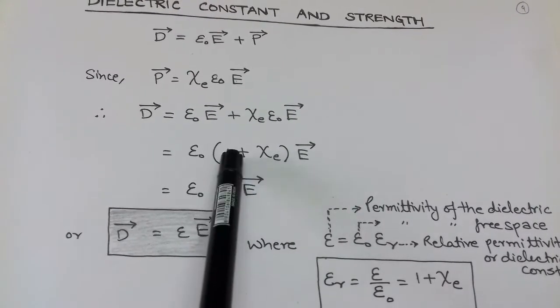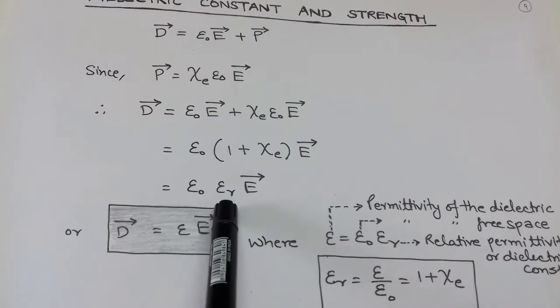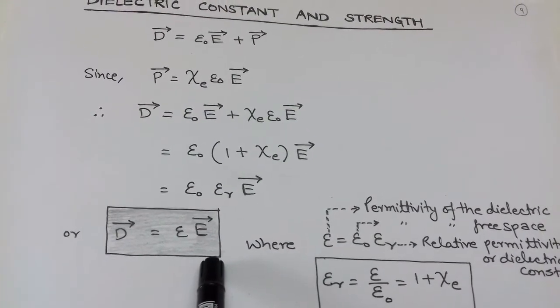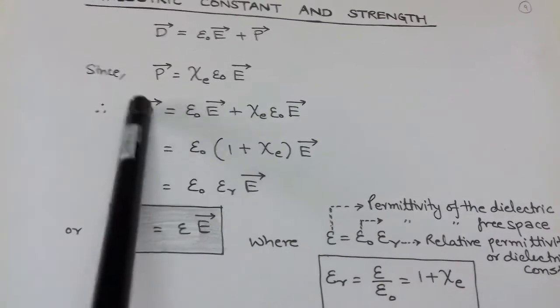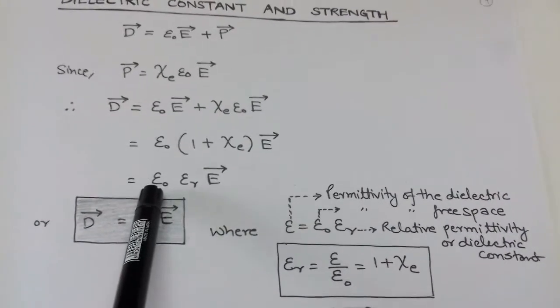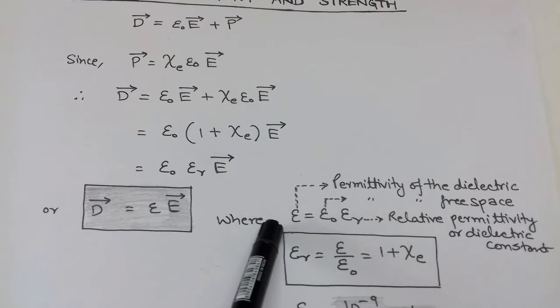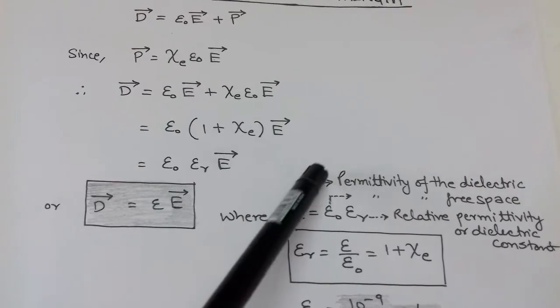We get a term within the bracket, that is 1 plus psi E. That 1 plus psi E is epsilon R. So the electric flux density D equals epsilon naught epsilon R E, and epsilon naught into epsilon R is simply epsilon. So epsilon equals epsilon naught epsilon R.